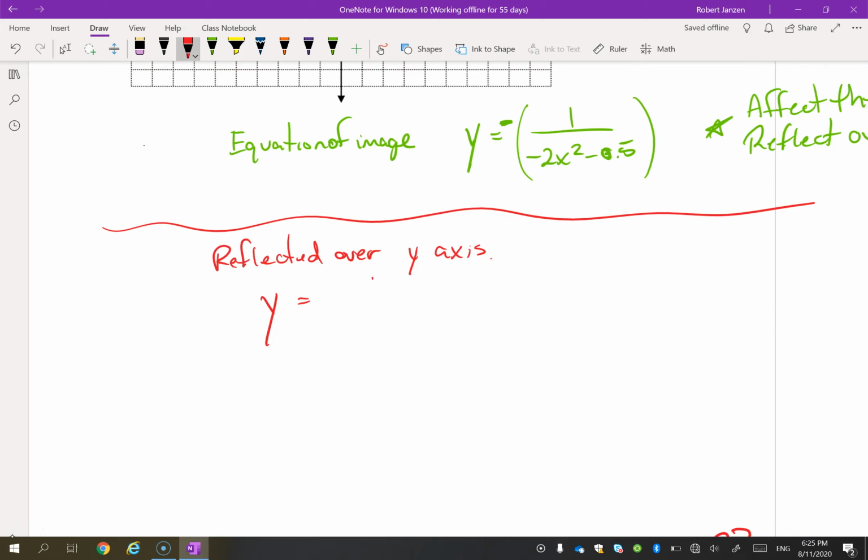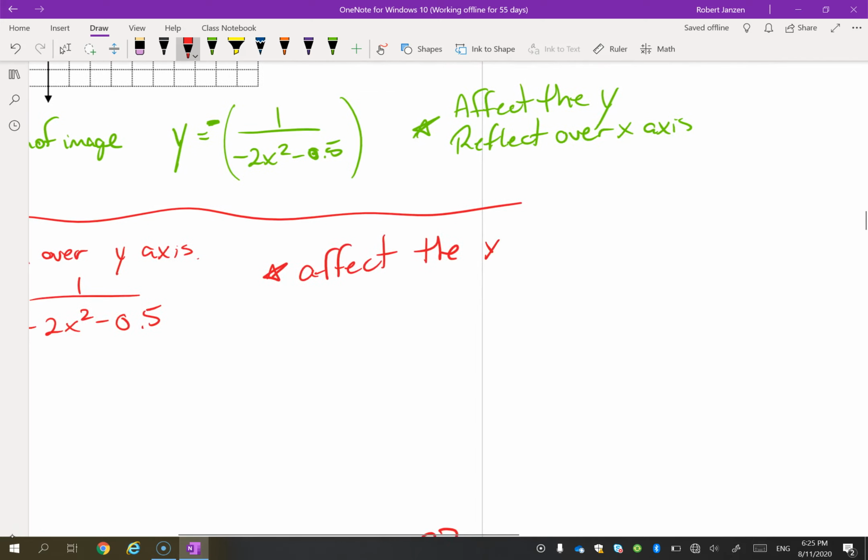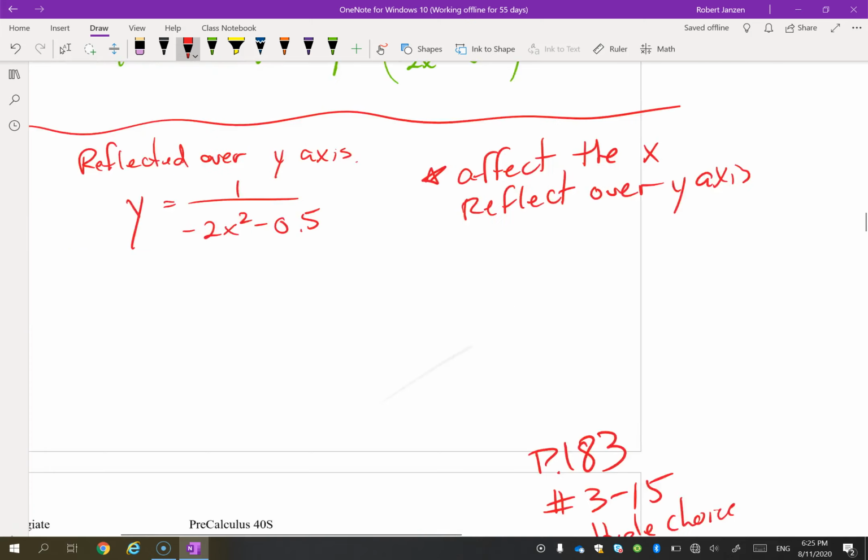Okay, so how would this equation look? Here is the original equation. And if I want to affect the x, I'm going to put the same language here. Affect the x, and if I want to reflect over y-axis, I have to affect the x.